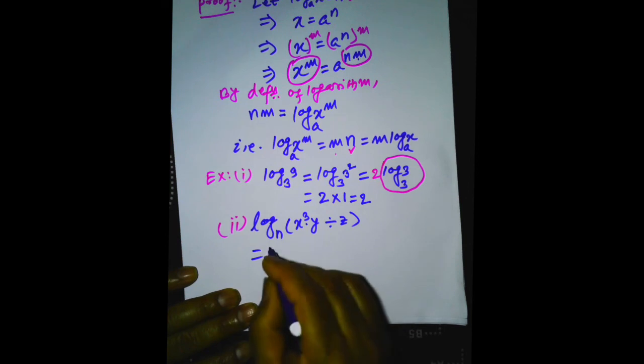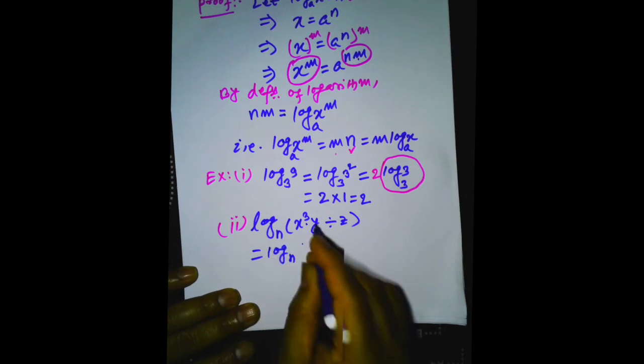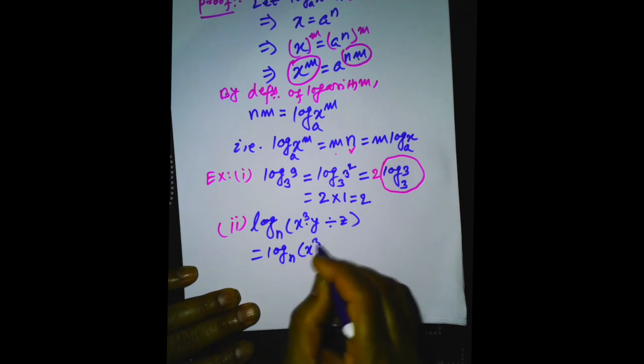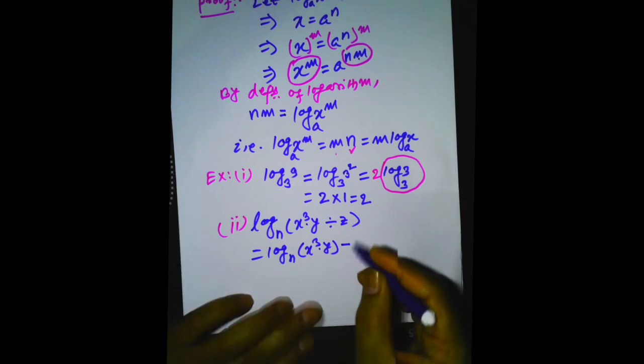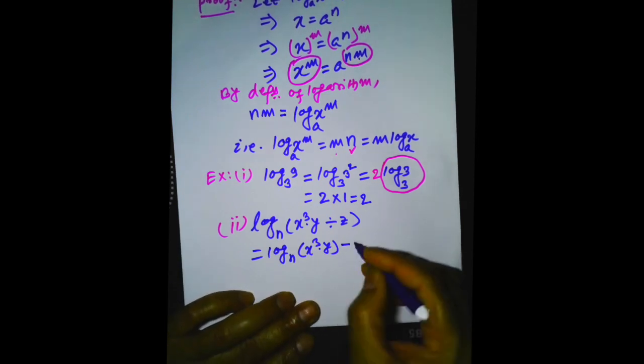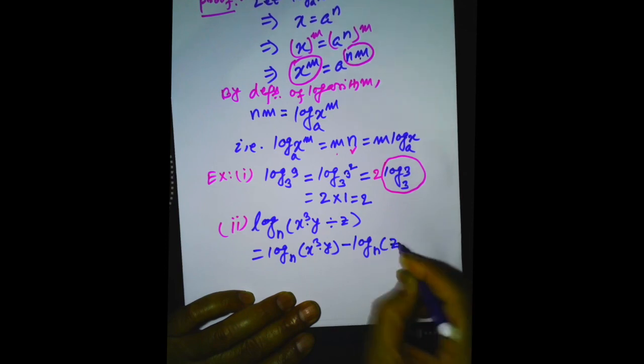So here is log base n of x cube y, and for the division we write minus, by using the quotient rule of the logarithm, log base n of z.